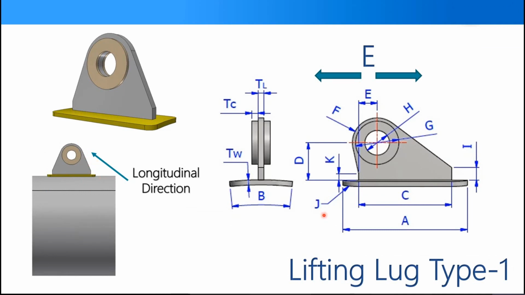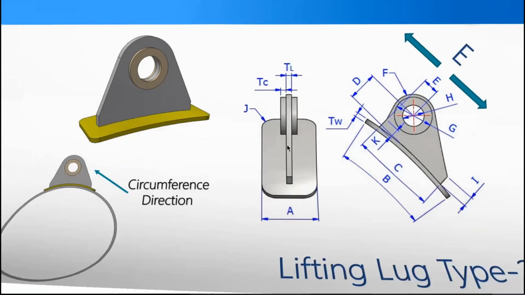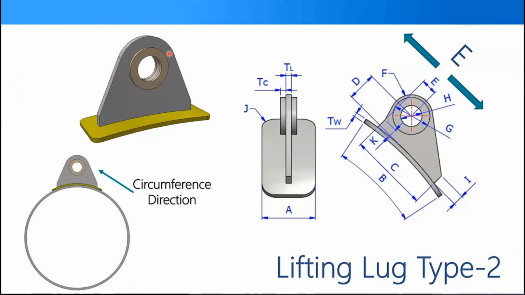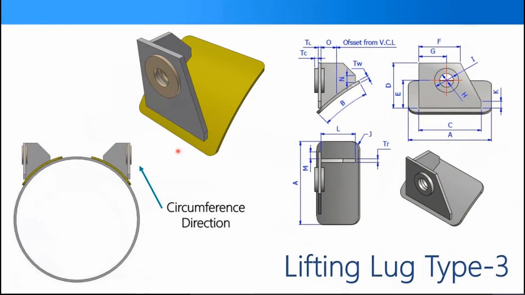This type of lifting lug is usually used on large diameter vessels, and that one for large weights. So you have many different shapes of lifting lugs, and in each shape you will find that you have different options.